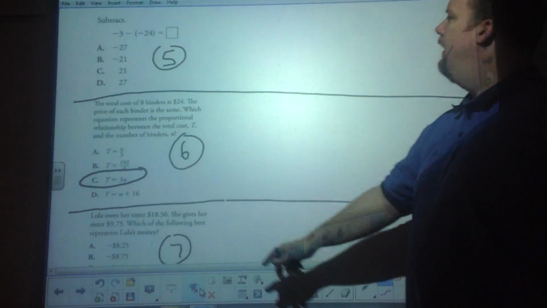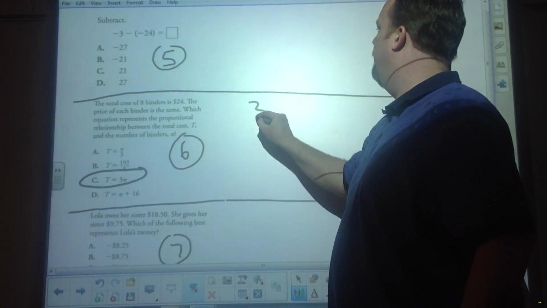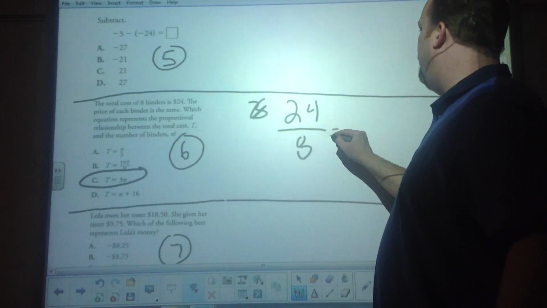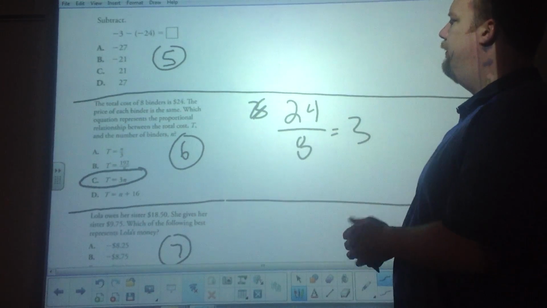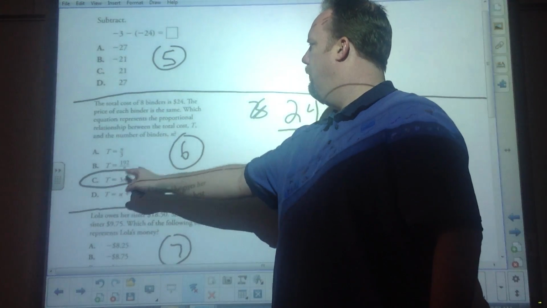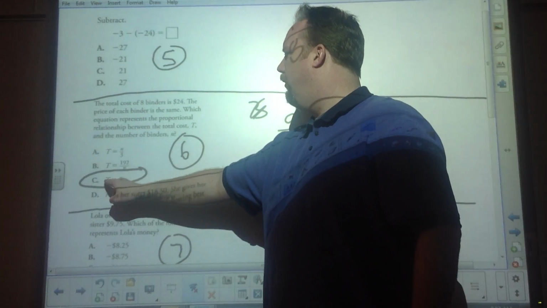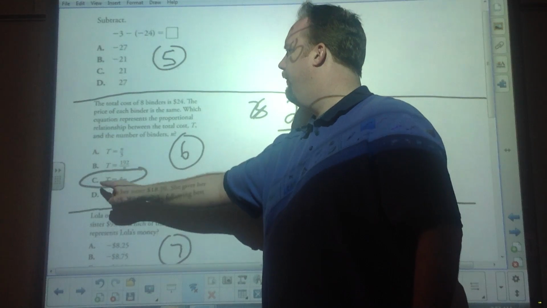Yes. Each binder, 24 divided by 8 equals 3. So each binder is $3. Multiplied by n, the number of binders, which would be 8, and our total cost would be 24. Okay?